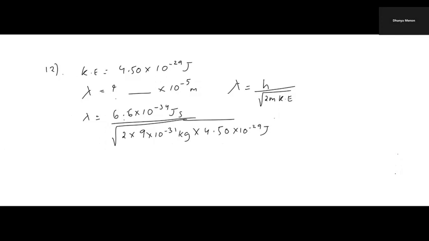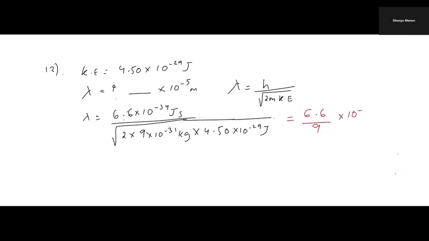Okay. Now, when you do the calculation, it comes to 6.6 by 9 times 10 raised to minus 4.